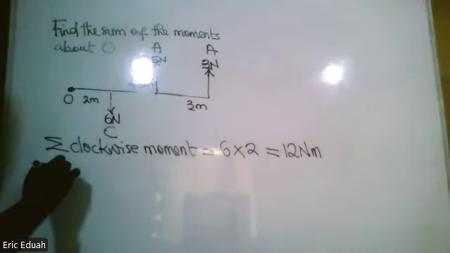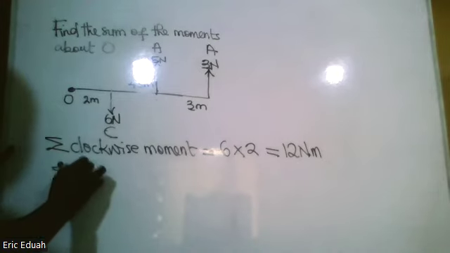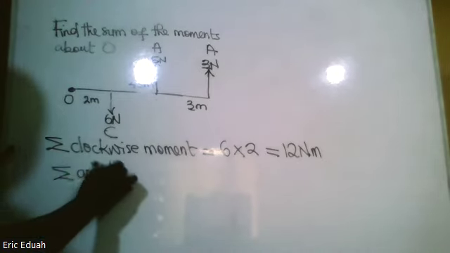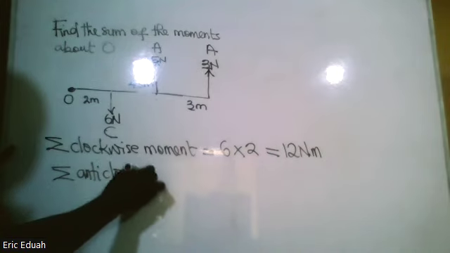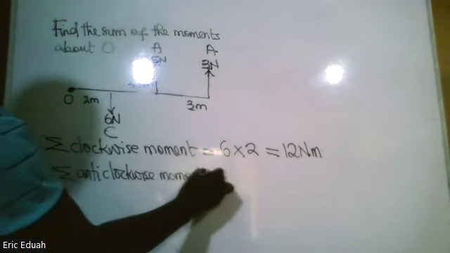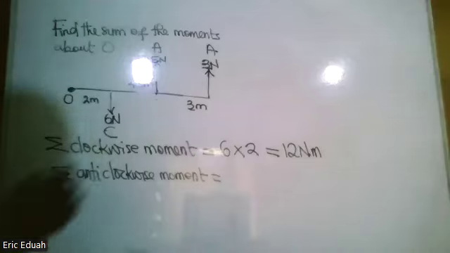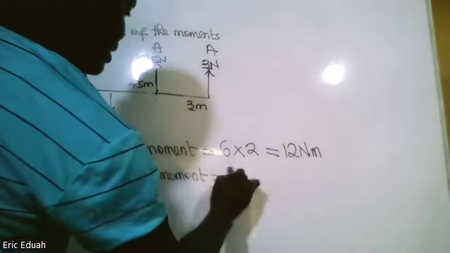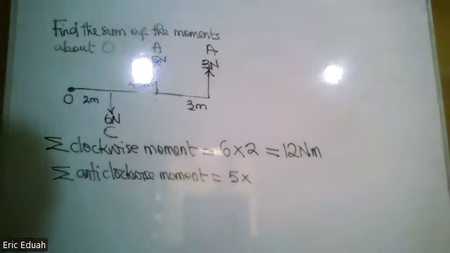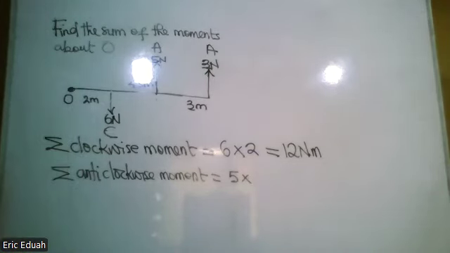Let's come to the sum of anti-clockwise moments. We have 2 of them. 5 times, what is the perpendicular distance of the 5 Newton force from the pivot?